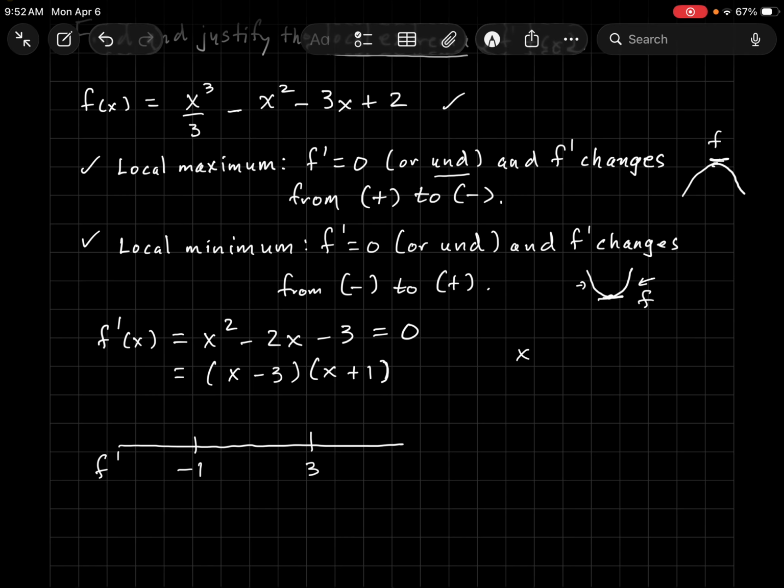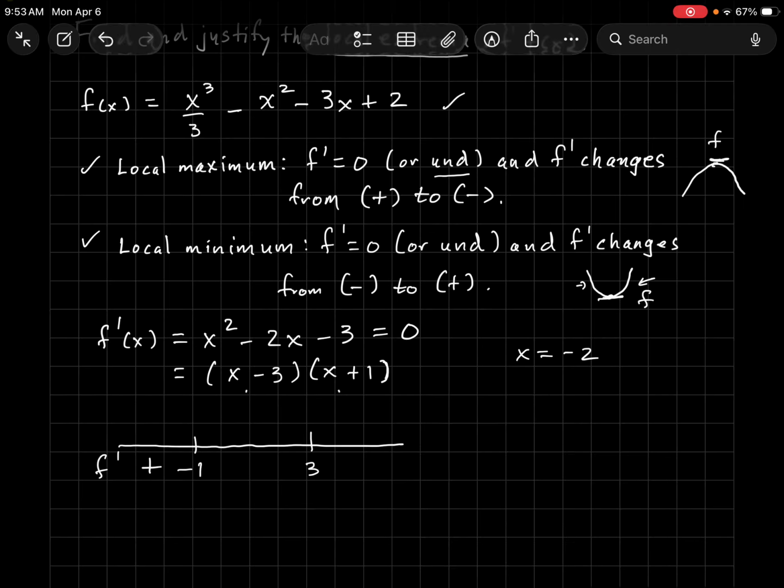I'll start with, say, x equals -2, and plug into my derivative. If I plug in -2 into the first factor, we get negative. Into the second factor, we get negative. Negative times negative is positive. So any x value on that interval will give a positive value for f prime, because f prime will only change at my critical points, -1 and 3.